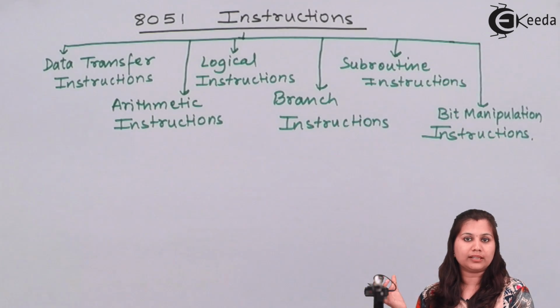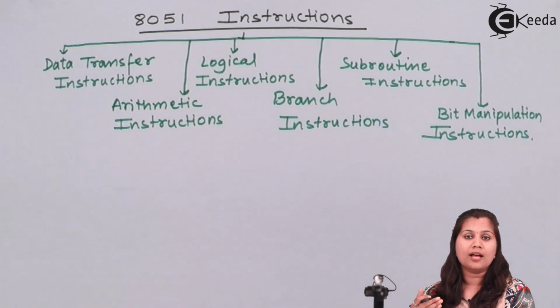Transfer of data doesn't mean that the data is deleted from the source location. The data will still be there at the source, but it is just copied from the source to the destination location.